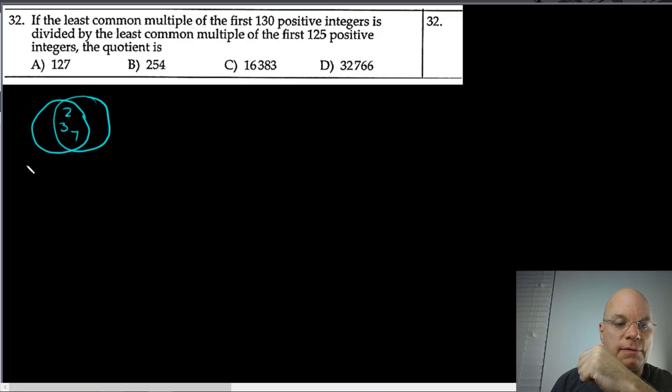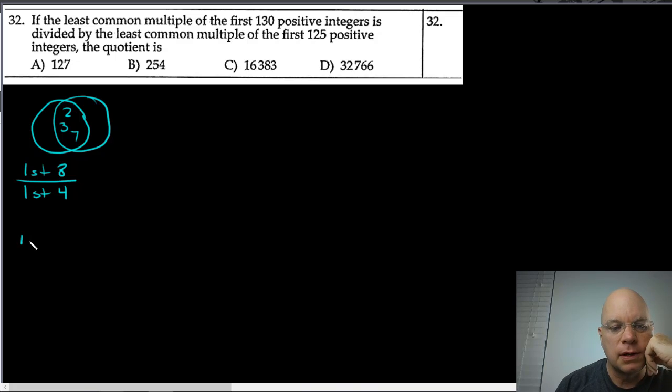Let's do the quotient of the first 8 positive multiples and the first 4 positive multiples. And then let's look at the prime factorization. 1's prime factorization is 1. That isn't even prime, but it is one of the positive integers. It's going to be irrelevant to the problem because dividing by 1 isn't going to change anything.